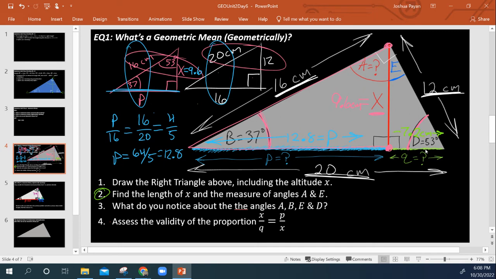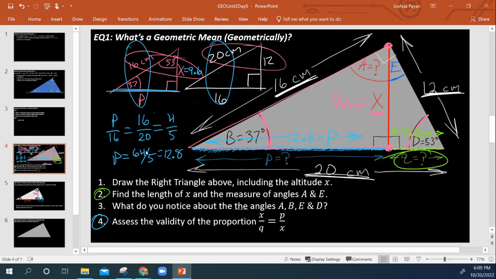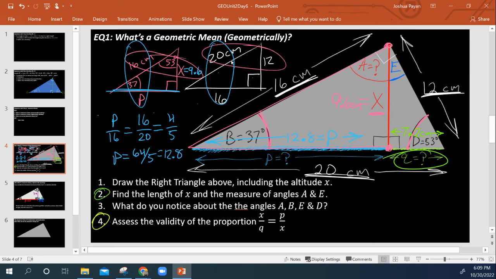Now what we're going to do is assess the validity of this proportion here. I'll do that in yellow, since I'm running out of colors. The validity of x is to q as p is to x.